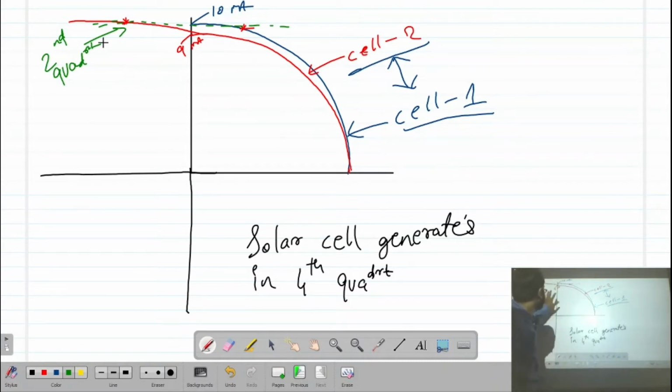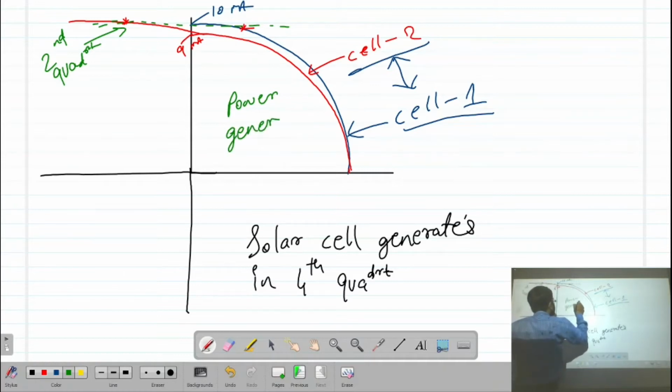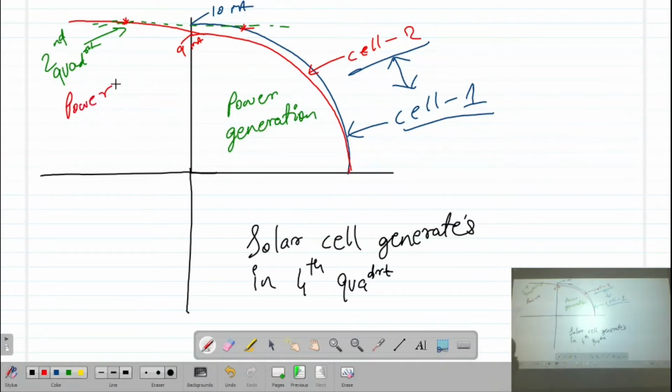Now, this quadrant is of power generation for a solar cell, and this quadrant is of power dissipation, a dissipator.